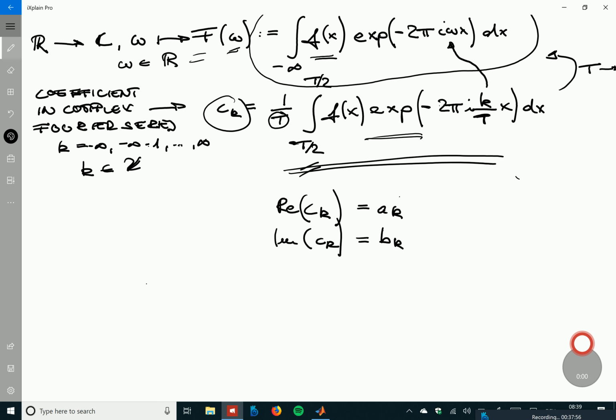And then from this we can, for example, evaluate the magnitude of a given frequency. So this is how the CK encode frequency magnitudes. The same way these F omega, which are in general complex numbers, encode frequency magnitudes.